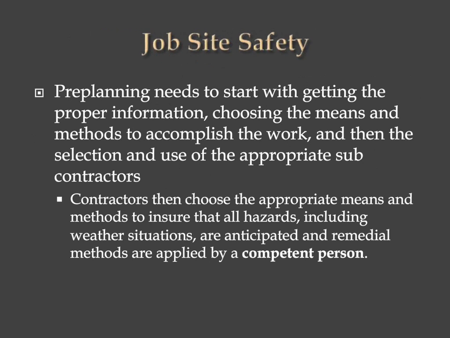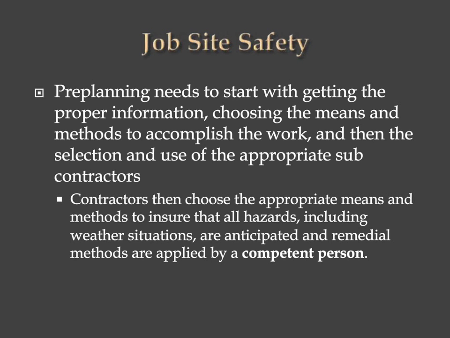Okay. Pre-planning needs to start with getting the proper information, choosing the means and methods to accomplish the work. Means and methods are very, very important because once you choose the means and methods, that means how you're going to do the job, now you know what the hazards are. And then you need to take a look: can you eliminate them? Can you change the work sequence? Can you mitigate them with engineering principles?